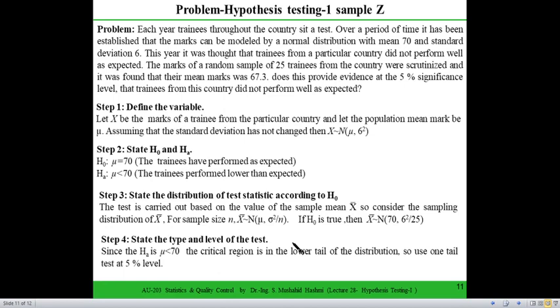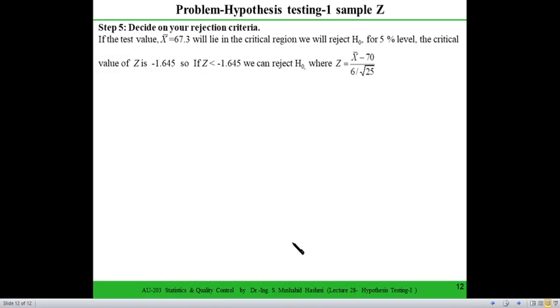Here the alternative hypothesis is a one-tailed test, so we are interested in the critical region, a critical value based on the 5% level of significance, which brings up a criterion by which we can reject our null hypothesis. In step 5, you need to decide on your rejection criteria. We know the test statistic, which is the sample mean, is 67.3.